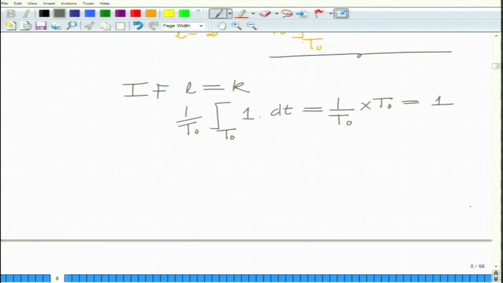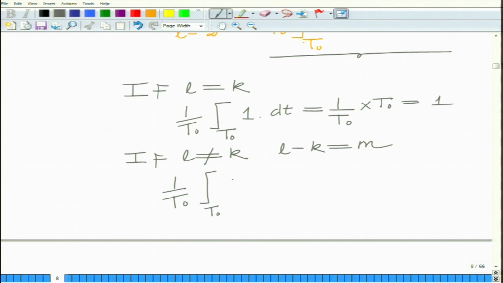Now, if L is not equal to k, then this becomes 1 over T naught. Let us say L minus k equals m. So this becomes 1 over T naught, integral over duration T naught, e raised to j m omega naught t dt.